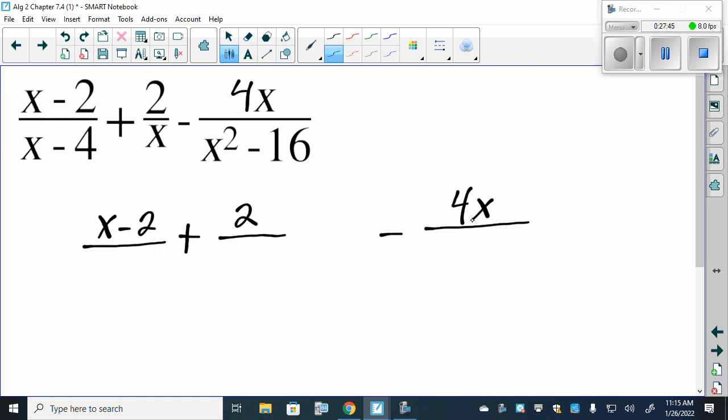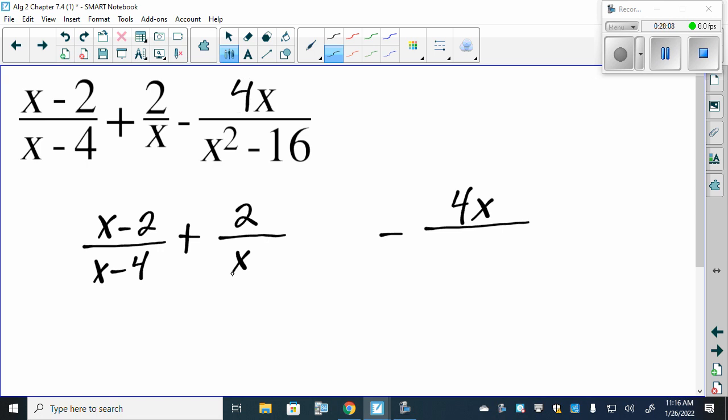Now, we need to factor any of the denominators that we can. There are 2 of them that we can't change anything about. That would be x minus 4 and x, because both of those have a degree of 1. For x minus 4, there's not a greatest common factor between x and 4.